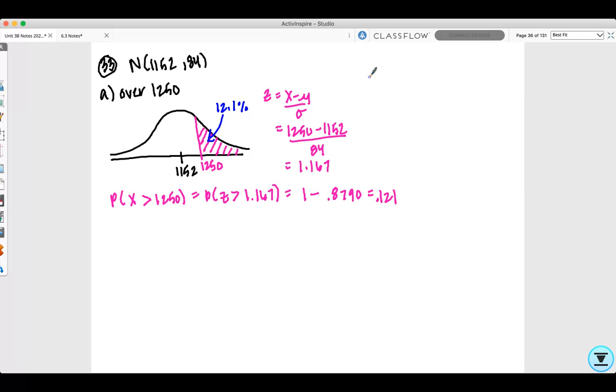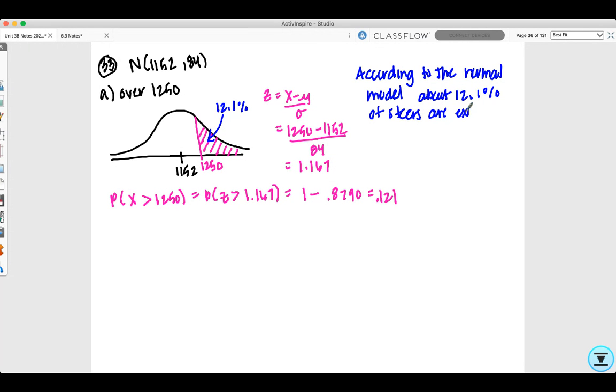So you would say according to the normal model, about 12.1% of steers are expected to weigh over 1,250 pounds.